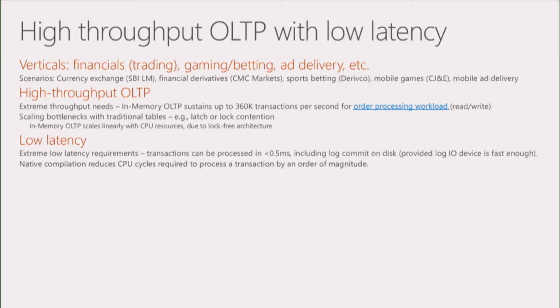You don't want the order to go through when there has already been a big price drop or big price increase. Another example is sports betting: in tennis, when somebody is about to serve the ball, you can bet on whether this is going to be a fault or not. You need to process this pretty quickly, because between the time that the serve starts and the time that the player hits the ball, there's not much time. So the orders need to go through in that period of time.